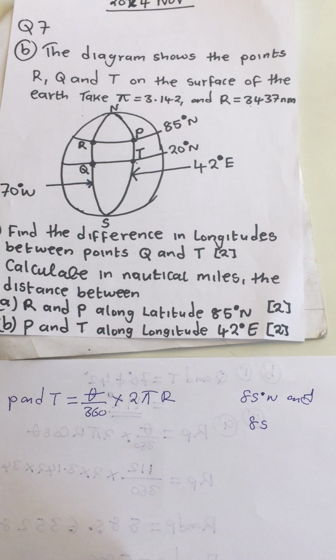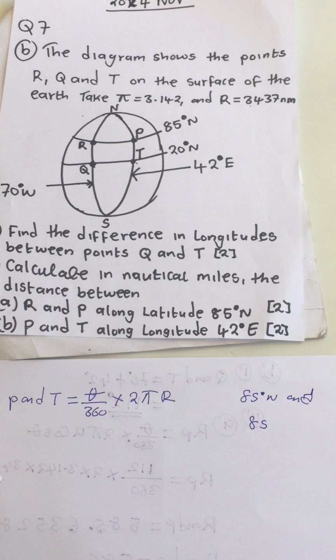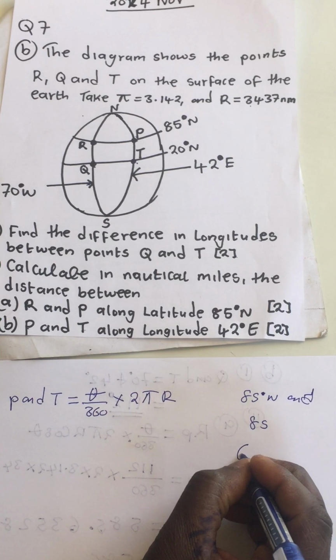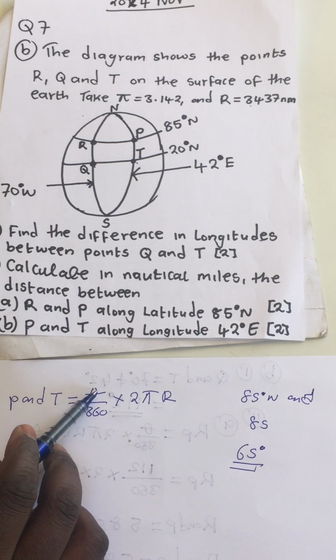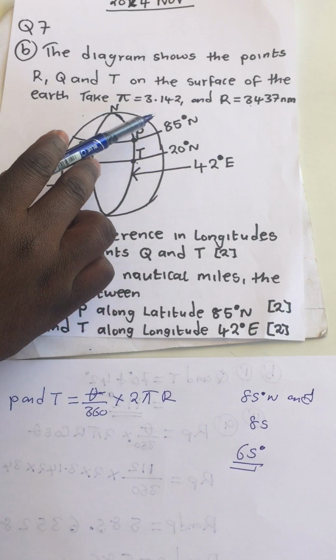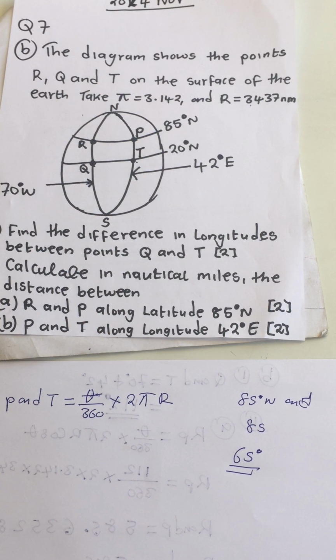You subtract. So you say 85 minus 20, you get 65. So 65 is the one you use where there is theta. Why do I subtract? Because the direction, they are both north. If the direction is the same, you subtract. If the direction is different, you add.